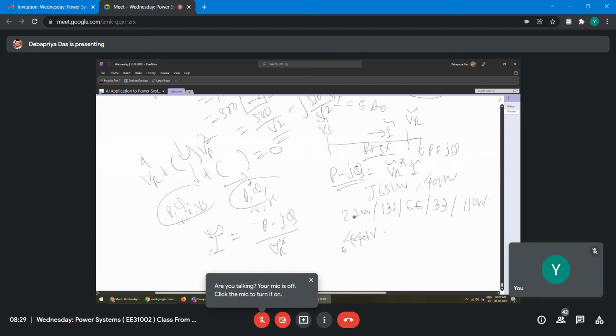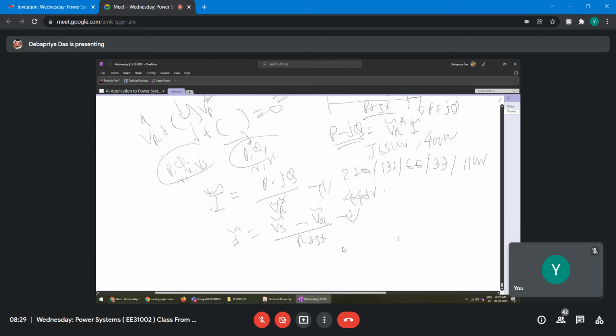And another equation from this: I tilde is equal to the sending end voltage, a phasor quantity, minus the receiving end voltage, divided by R plus jX. So this is one equation, and this is another equation, right? So two equations.